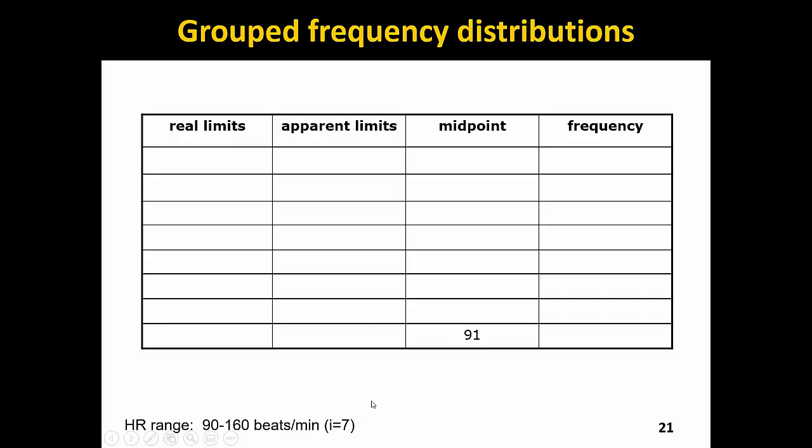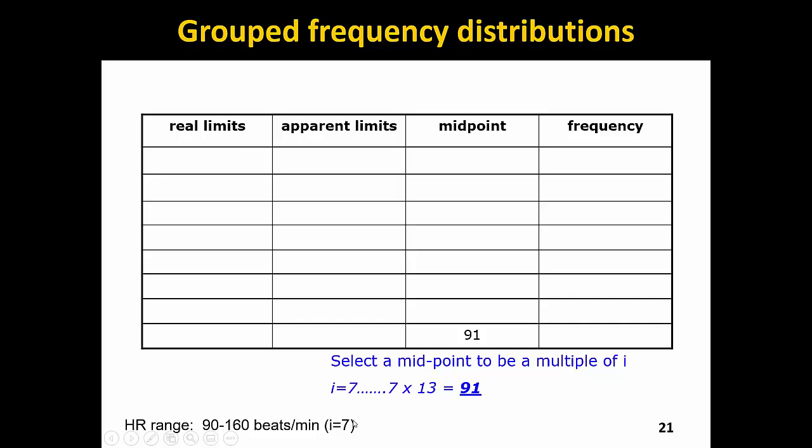So how do we start this? How do we find that first midpoint value? Well, the midpoint value has to be a multiple of the interval width. If we multiply 7 by 10, that's 70, but we don't have any heart rates even close to 70. Our lowest value is 90.